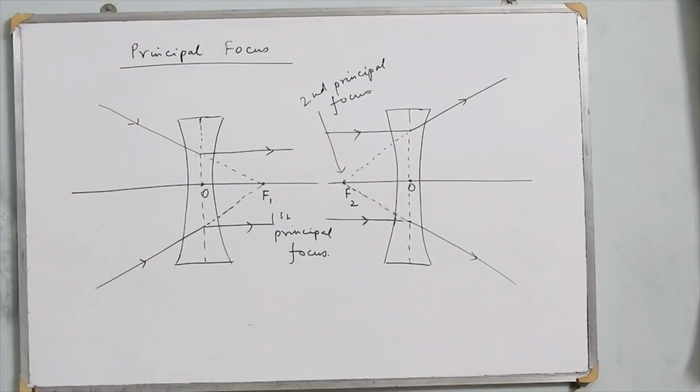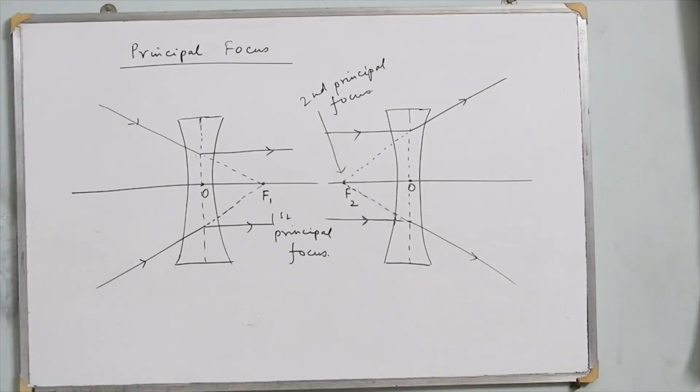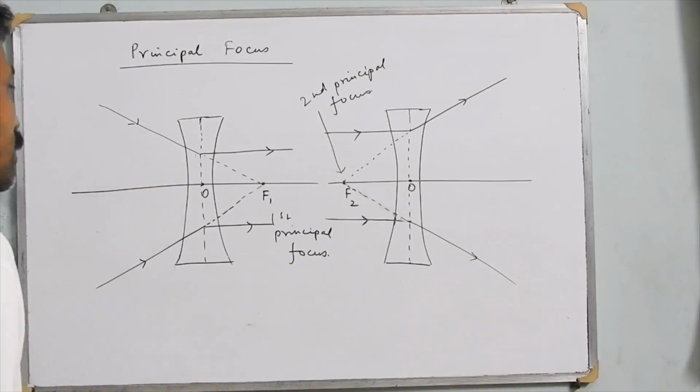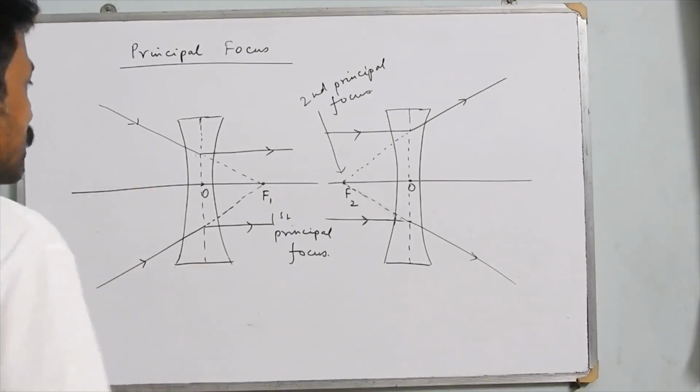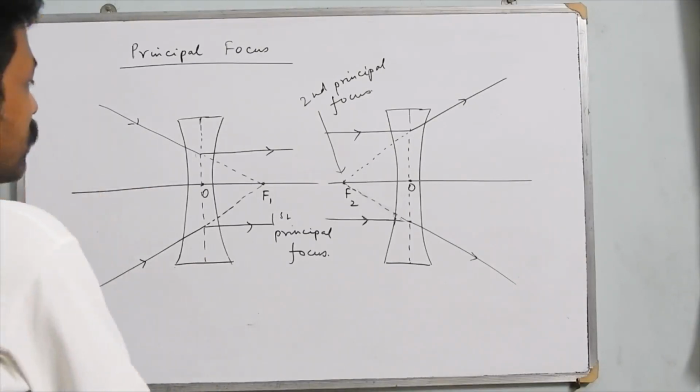If a lens is equiconvex or equiconcave, then both the focal lengths are equal. Which means that if the refracting surfaces of both the convex or the concave lens are such that their radius of curvature is the same, then their focal length will also have the same value.